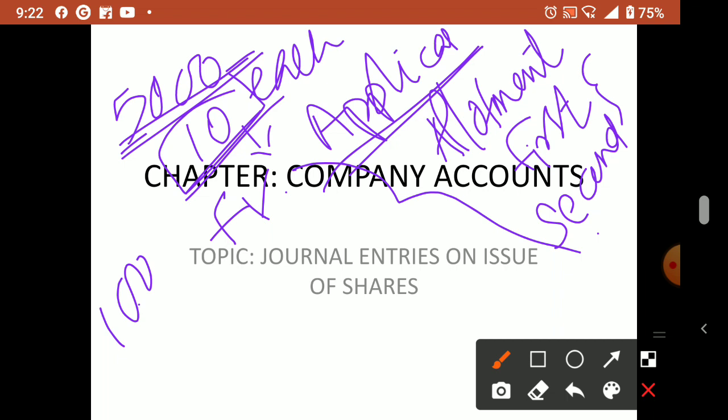This 10 they divide into different installments. Application, suppose rupees 2, allotment rupees 3, then first call 3, second call 2. Now it becomes 10. Like that, they can divide the total face value and collect the amount in installments. In between installments you will get time to send the money.